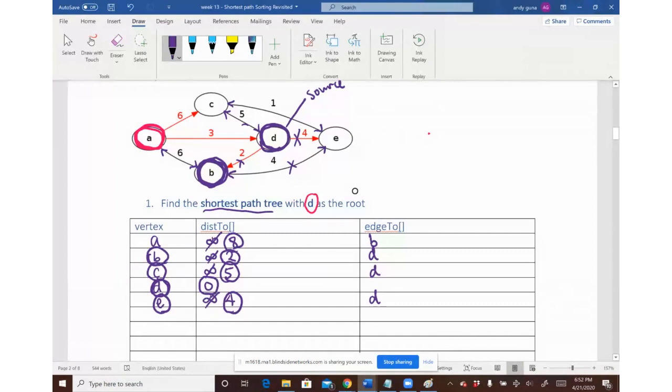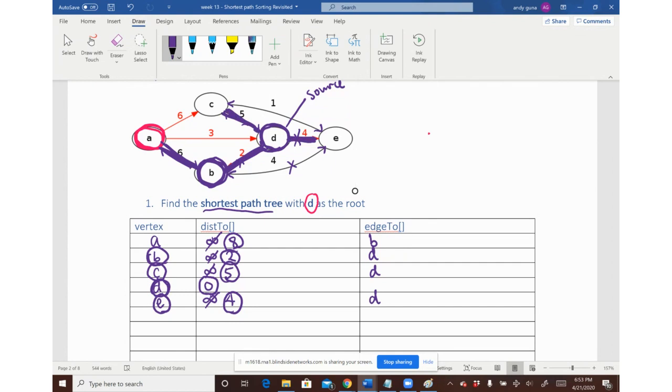The shortest path tree contains this edge here, AB, and BD, and CD, and ED.